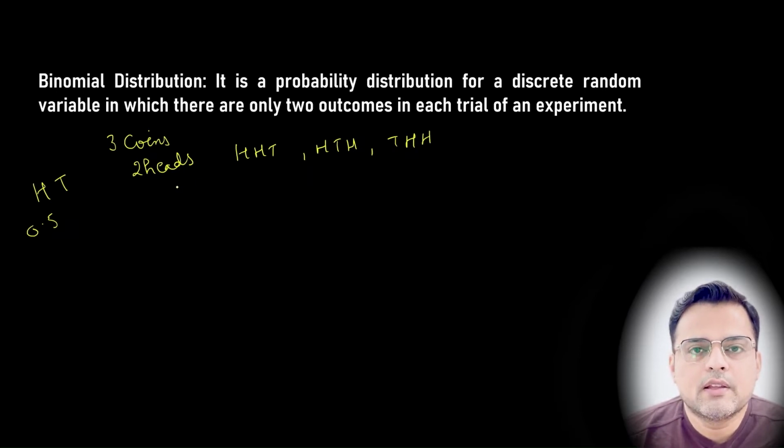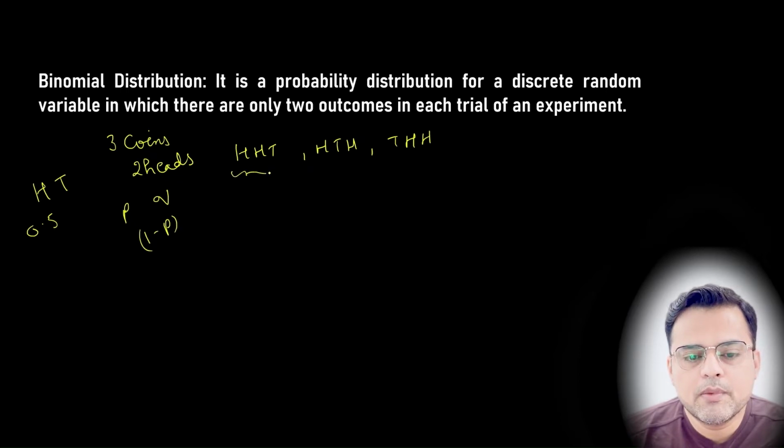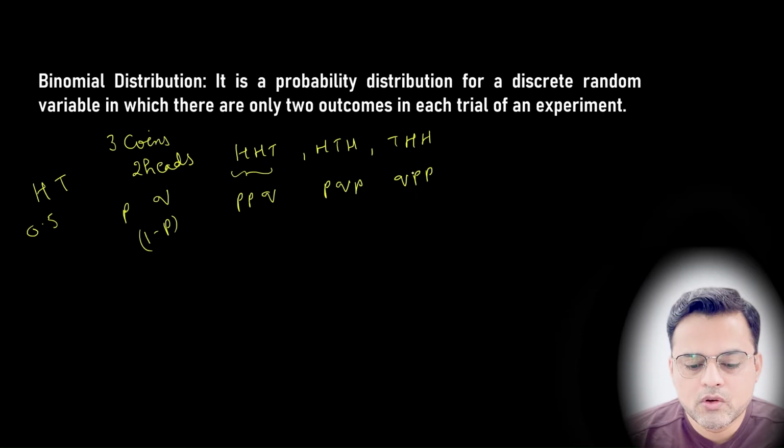Now let's say that the probability of success, which is the probability of getting a head, is P, and the probability of not getting a head is Q, or 1 minus P. With the multiplication theorem, the probability of getting two heads will be PPQ, then PQP, and then QPP. If I add all these probabilities, that will be the probability of getting two heads.